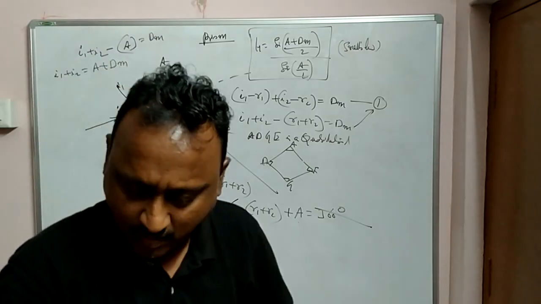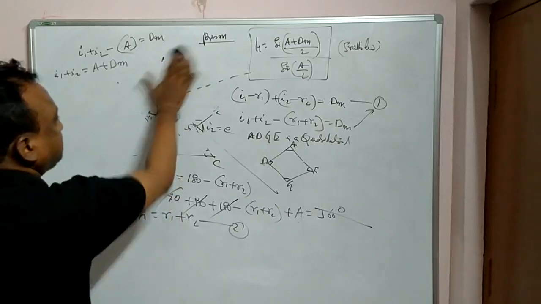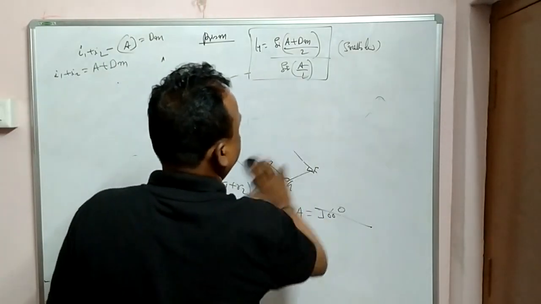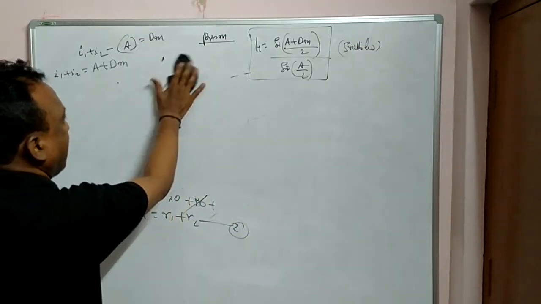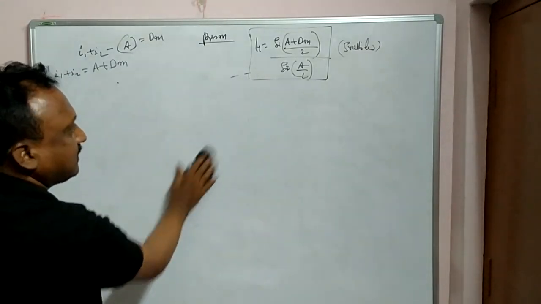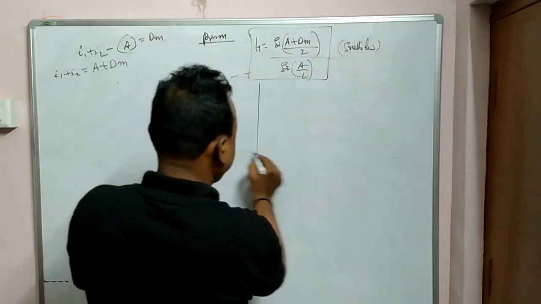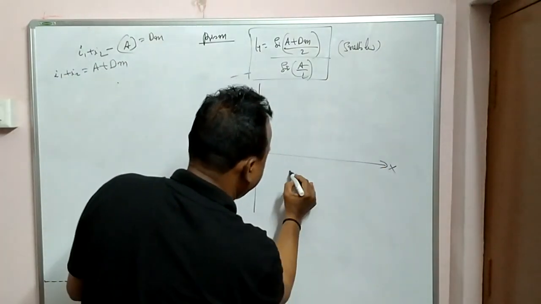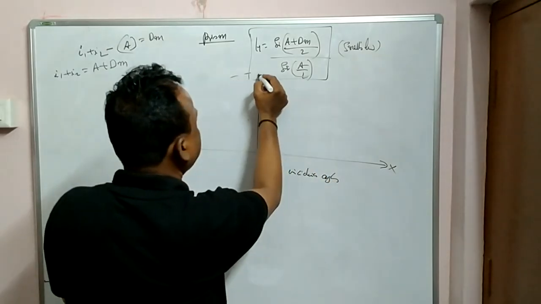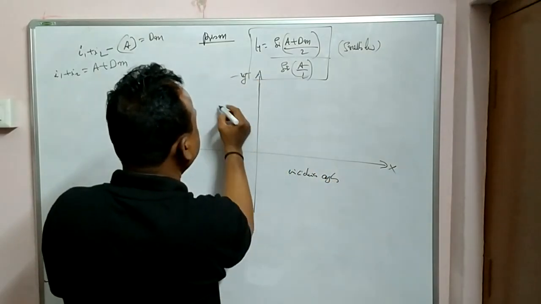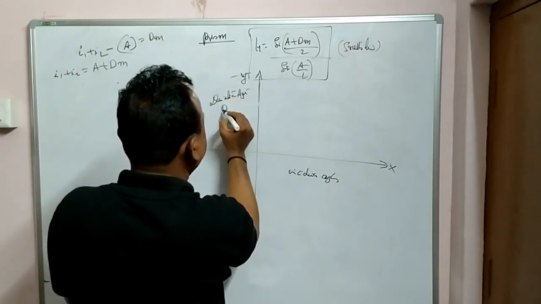Clear? Now we'll try to draw some graph. In IP you will have this graph, and practicals too. The graph will be in this fashion. On the x-axis, all incident angles are taken, and on the y-axis, deviation angles are taken.